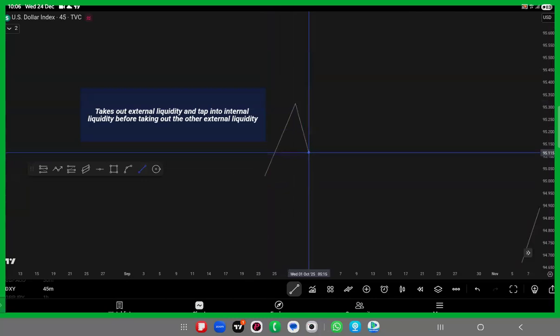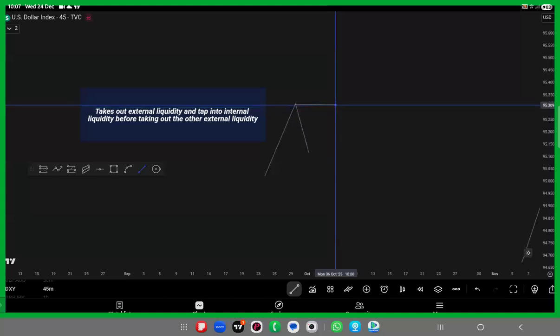All right, at this point, we now have our liquidity here. We now have a liquidity at this particular level. So the market will take out that liquidity.